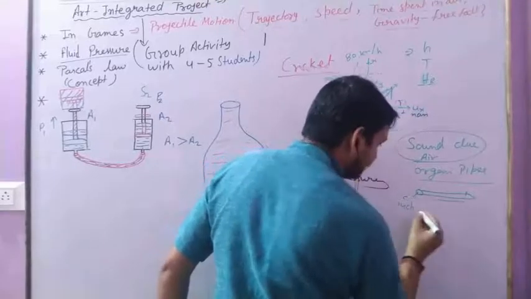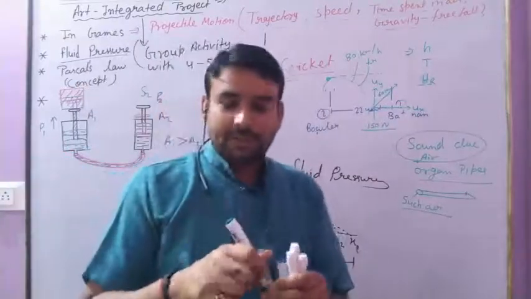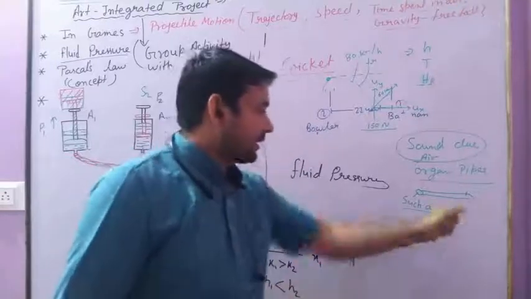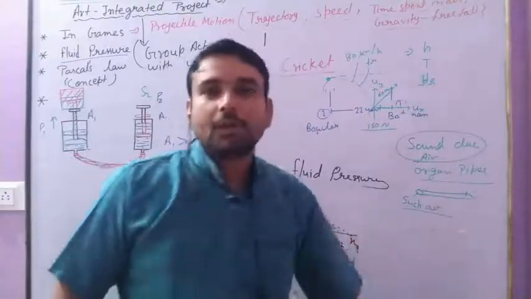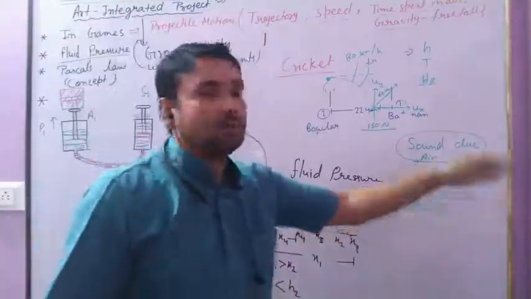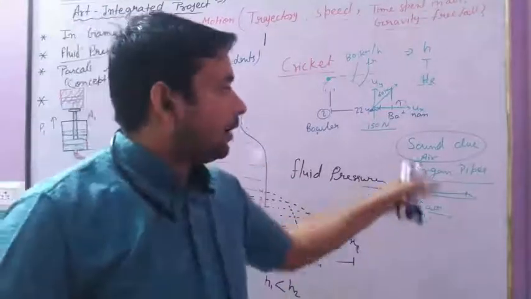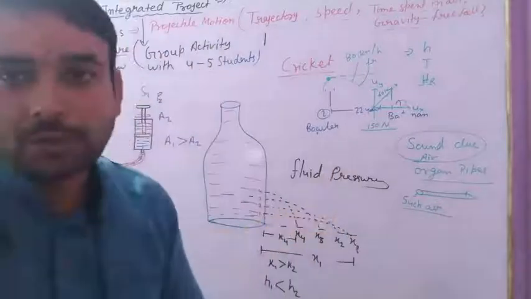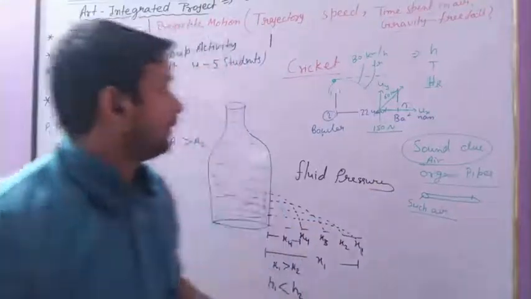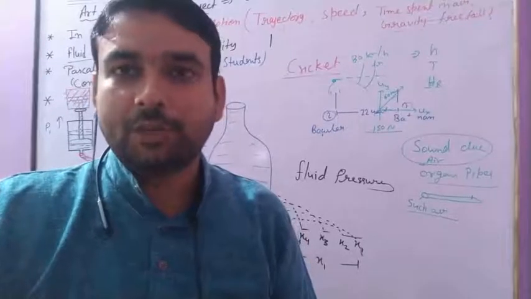Okay, when you suck air from the straw like this, you will hear a sound. Okay, this is also an activity which explains how we can hear the sound due to blowing air. These are some ideas to make your art integrated activity project.